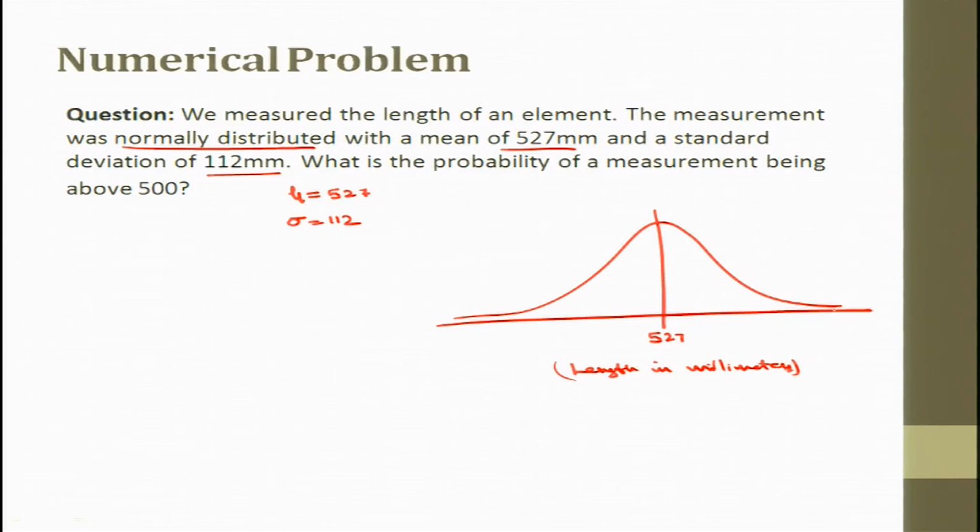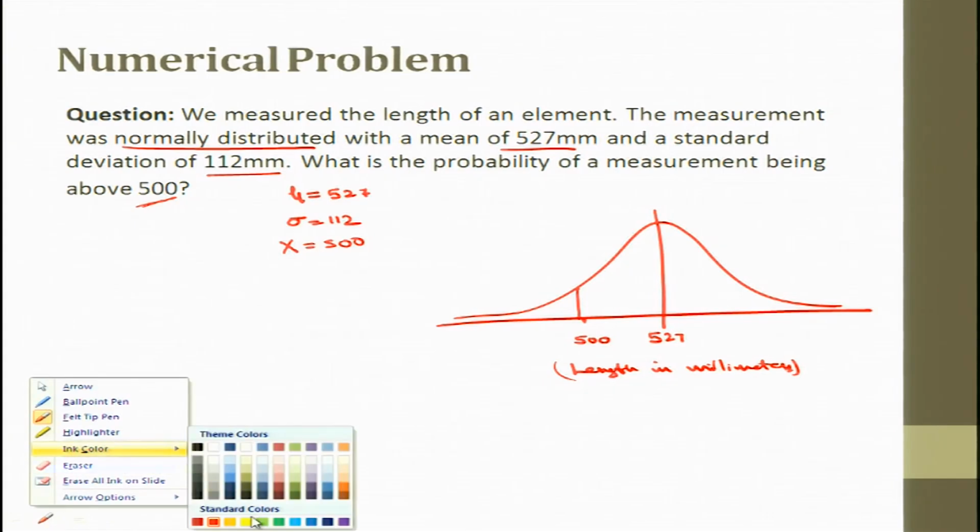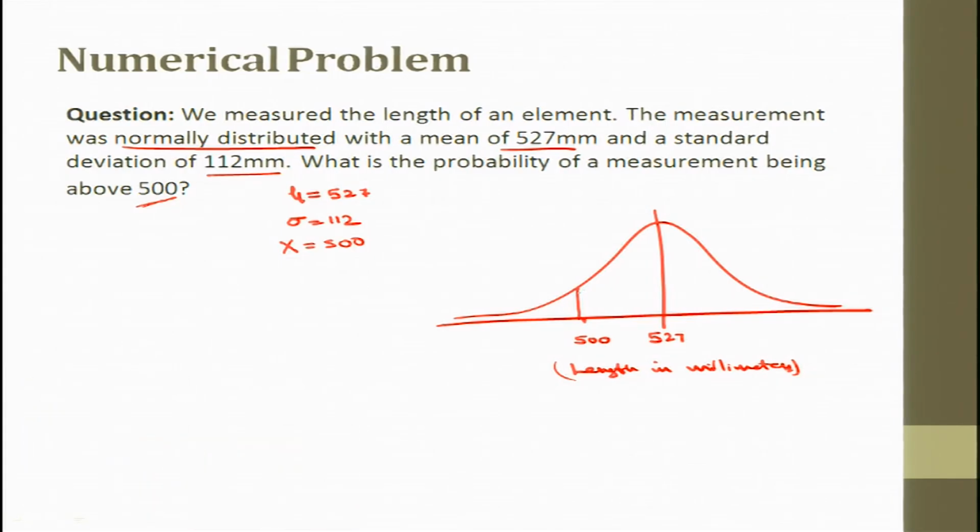He needs the value that is above 500. Now, x is equal to 500 here. Where will 500 be? 500 is somewhere here. So, can we find this value? Let me shade this area here. I need this value.